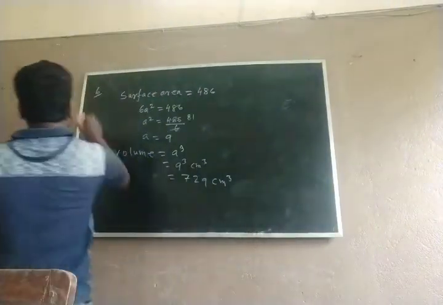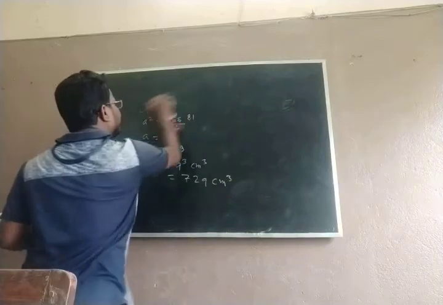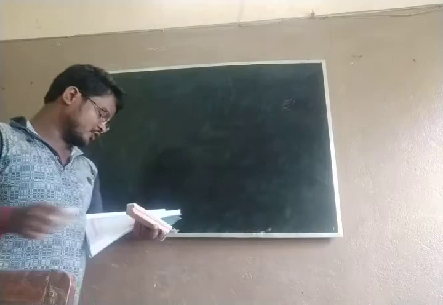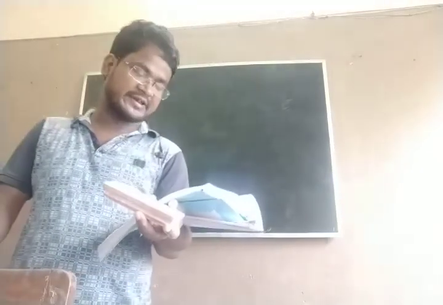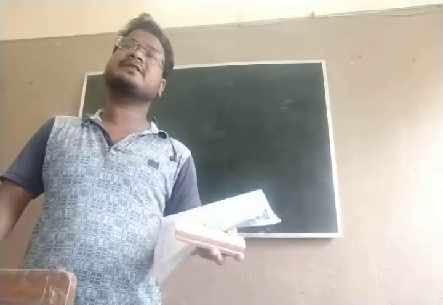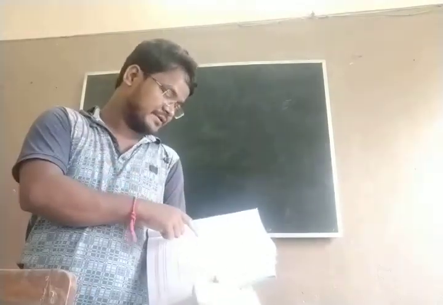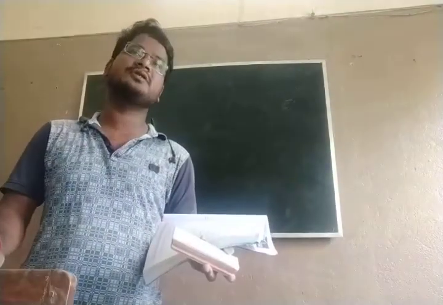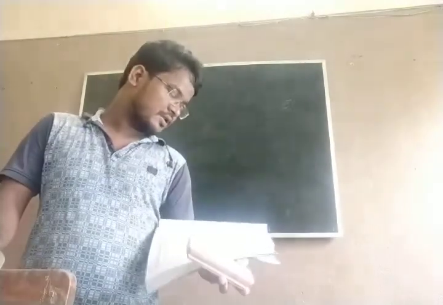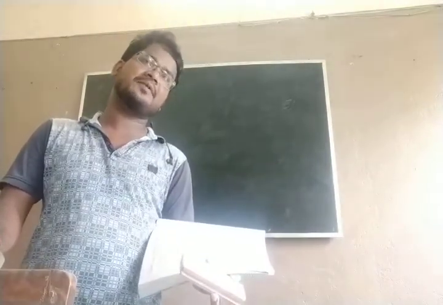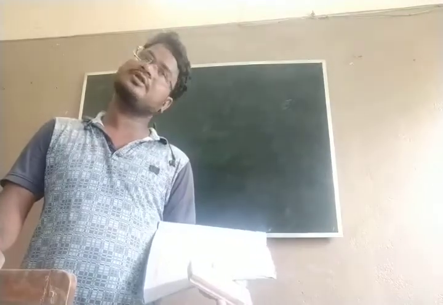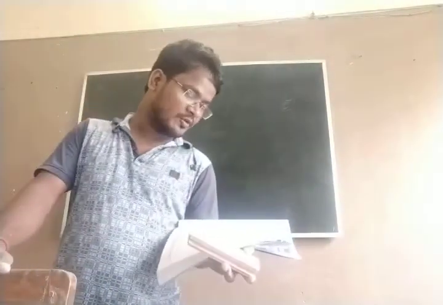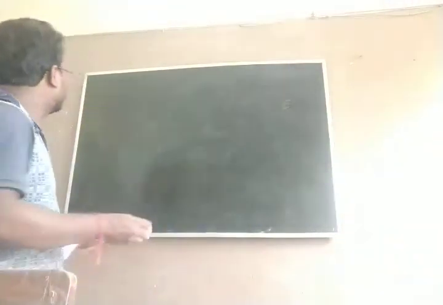Next, number 7. Which of the following are cubes of even natural numbers or odd natural numbers? I told you, if the last digit is even, then it is an even natural number. If the last digit is odd, then it is an odd natural number. For 125, the last digit is 5, which means odd, so it is an odd natural number. No need to do it. Write the ones digit of the cube of each of the following.